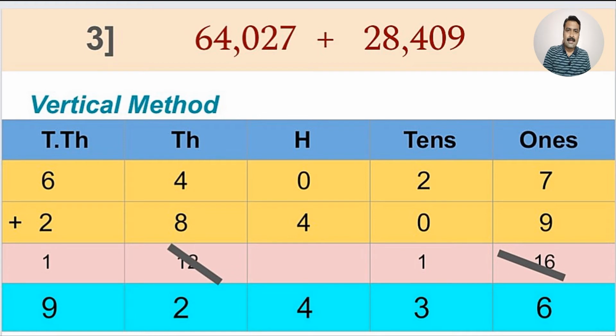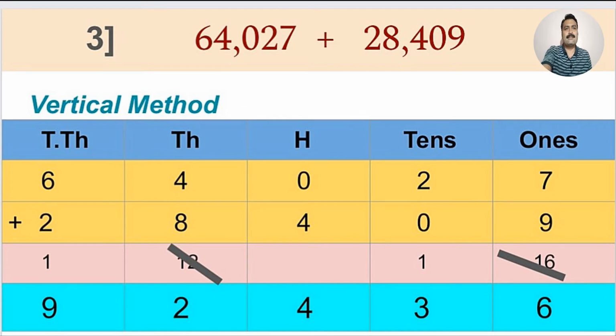In the last addition, at the 10,000 column, 6 plus 2 we got 8, and we add the 1 taken as carry. 8 plus 1 we get 9. So after making the last addition, the final answer we got for this third example is 92,436. This number 92,436 is called the sum of the given two numbers.